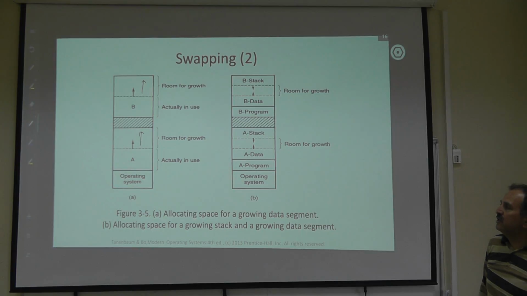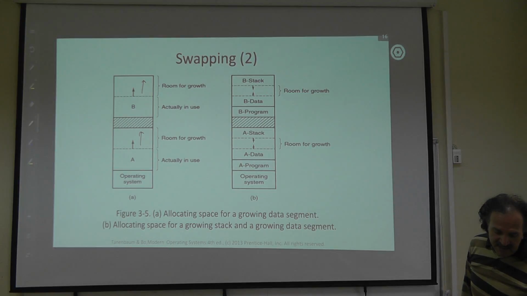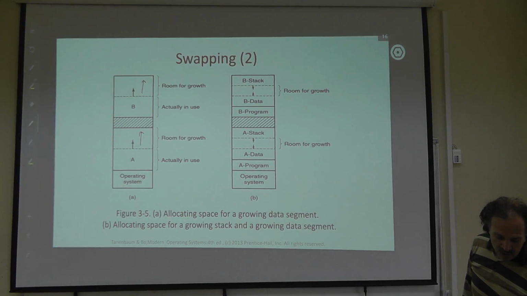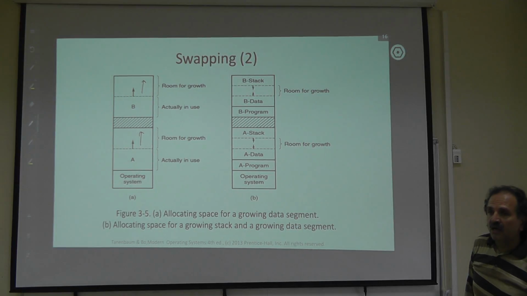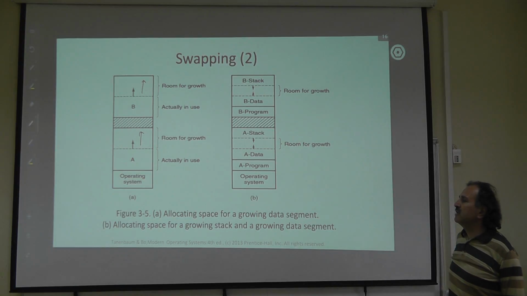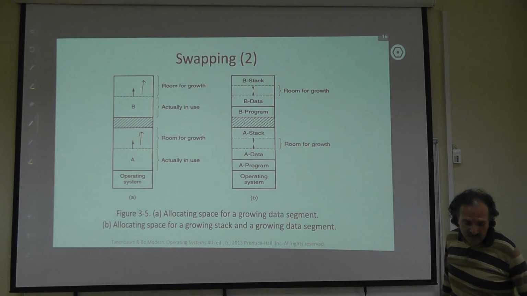That's something you need to consider. Even if this space is not enough for process A, then you need to relocate the whole process to some other place in the memory. Maybe you need to write it to the disk and load it again so that it has more space. So swapping can be used for allocating and relocating purposes.